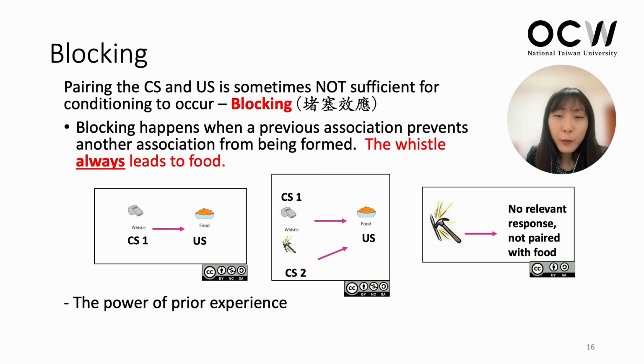To this point, we've only talked about when and how classical conditioning will occur. This slide presents the concept of blocking. This is when classical conditioning will not occur or is hard to occur. In this example, when there is a strong past experience that the whistle would always lead to food, the second conditioned stimulus, the loud noise from the hammer, wouldn't be associated with the food.